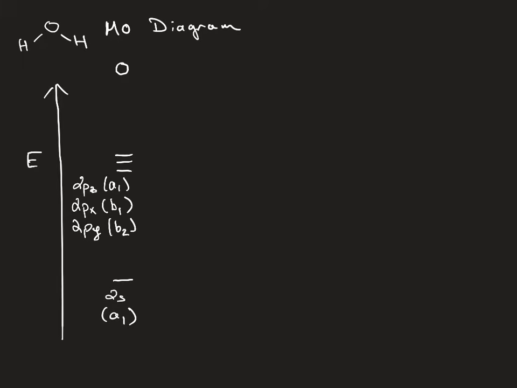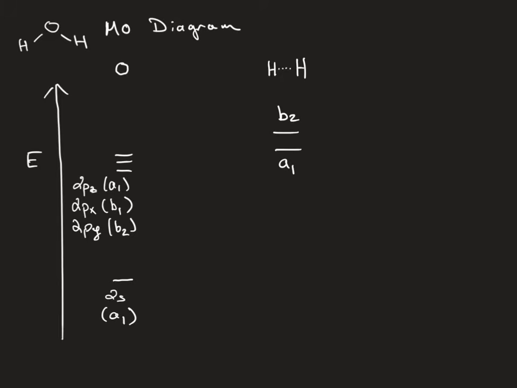Over here, we're going to put our HH SALCs. So you have your A1, that bonding type SALC, and the B2. And we're just going to overlap our SALCs with our atomic orbitals from the oxygen.